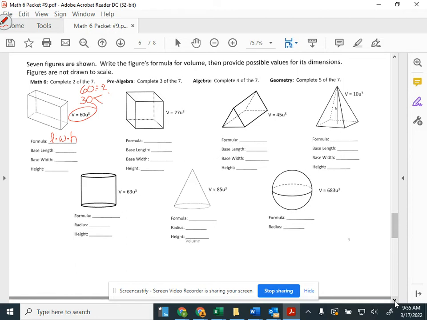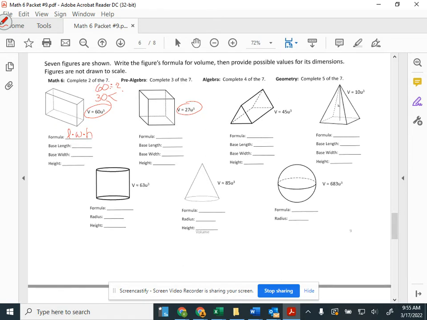Okay. Same thing for my cube. What is the formula for the cube? Justin? Length times width times height. Yep. We could say length times width times height, but we want to remember that it's a cube. So all the sides have to be the same.